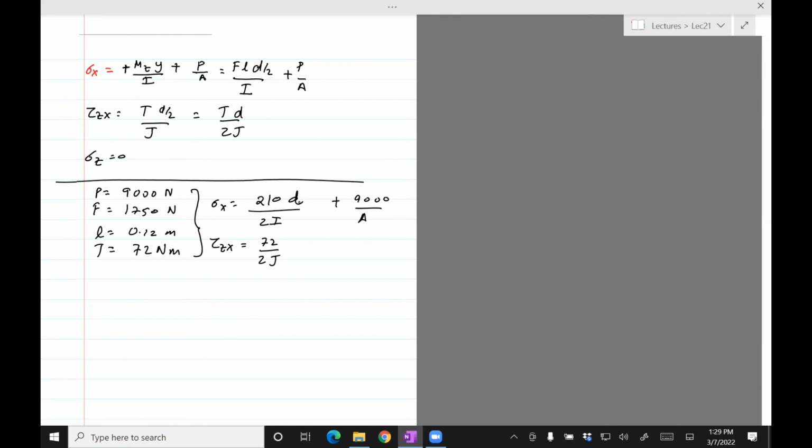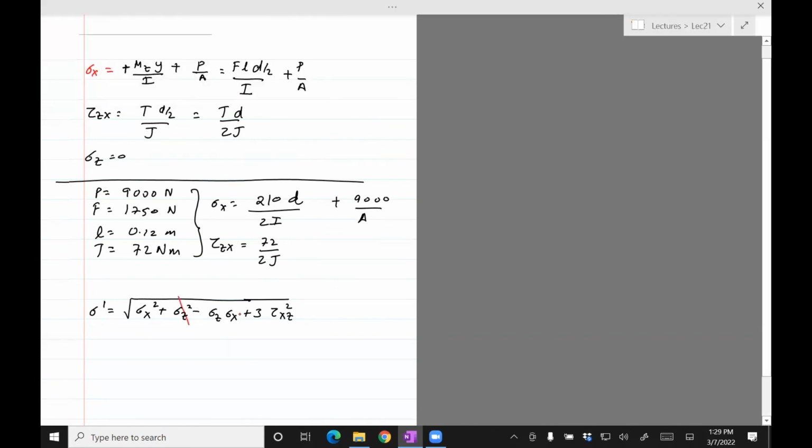Okay, so note, we don't know anything about I. As of now, we don't know anything about D, J, I. Those are unknowns. We need to compute the von Mises stress. So there's a formula which relates von Mises stress to sigma x, sigma y, tau xy, but in this case in the xz plane. So the formula would be similar. It will be sigma x squared plus sigma z squared minus sigma z sigma x plus 3 tau xz squared.